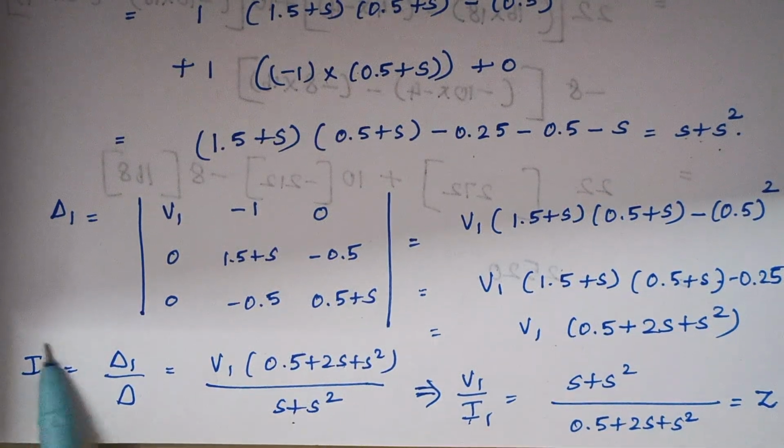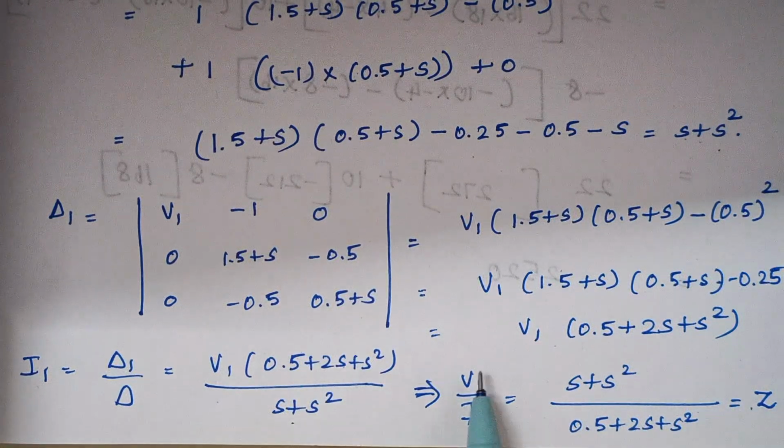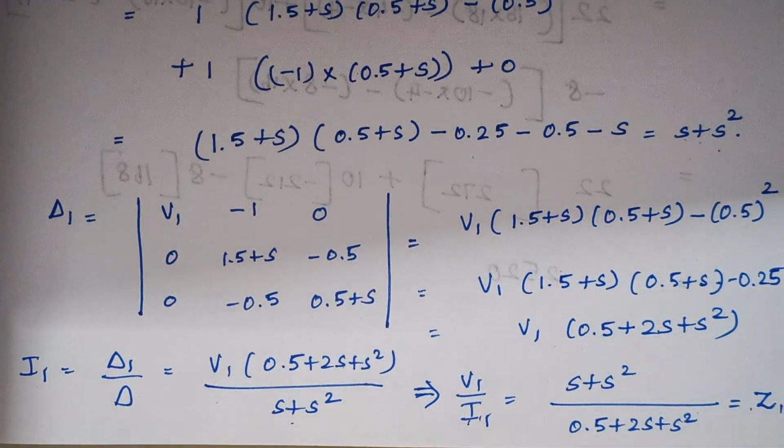I move this I1 here and move the remaining terms to the left-hand side. So the value of impedance is s plus s square by 0.5 plus 2s plus s square. V1 by I1 is nothing but Z. So finally the value of driving point impedance is s plus s square by 0.5 plus 2s plus s square.